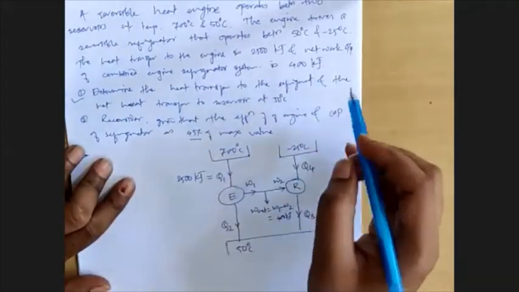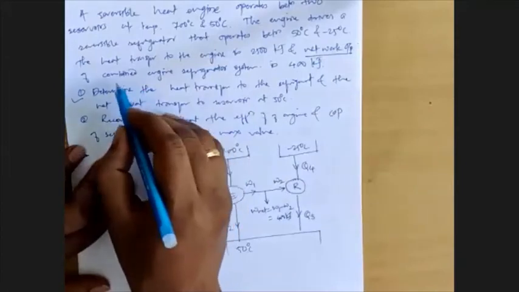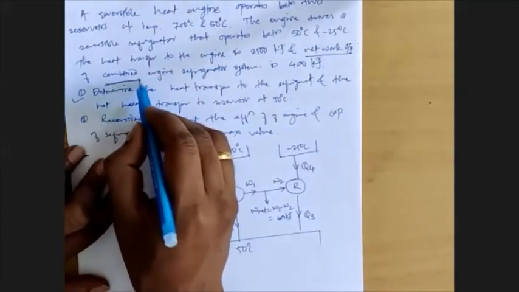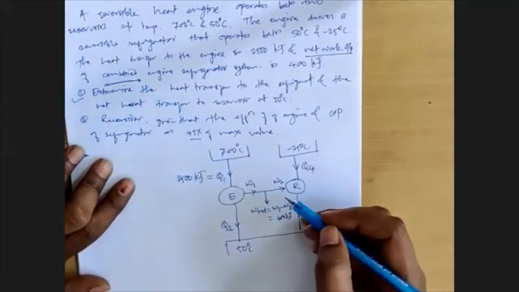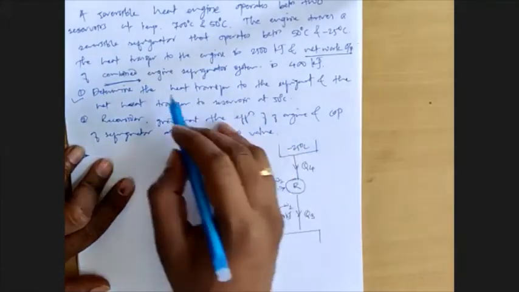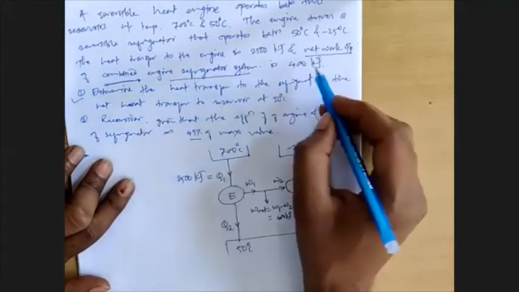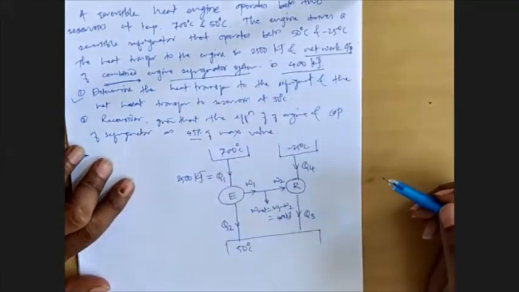In the question, they have used the word combined for the net work output, so you need not take individual work of the engine and refrigerator. The combined work output of the engine refrigerator system is equal to 400 kilojoules.